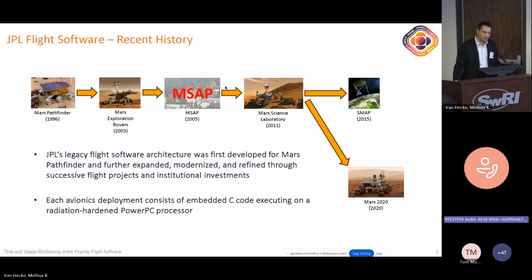Then it went through a period of institutional refinement and expansion with a task called MSAP. That became the Mars Science Laboratory flight software, and then the SMAP and Mars 2020 missions inherited Mars Science Laboratory. In every case, this software is embedded C code, and it executes on a radiation-hardened PowerPC processor.